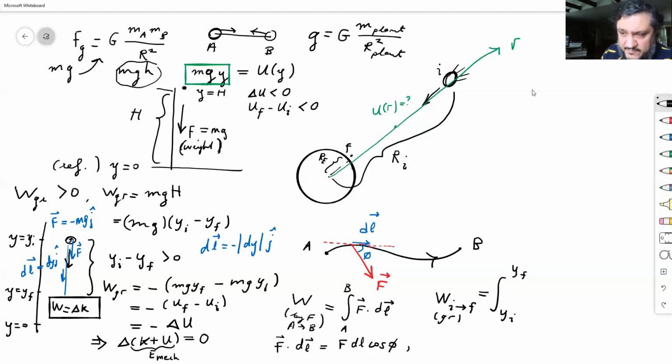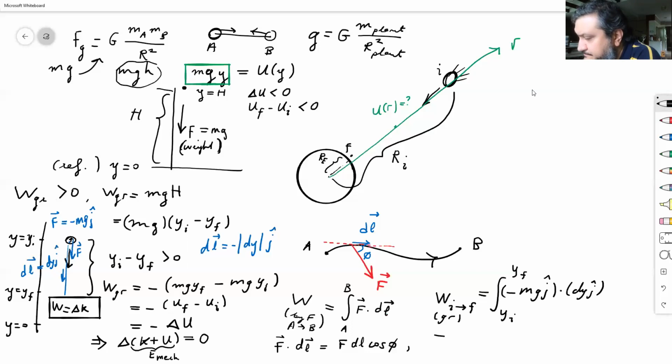Take the dot product of these two, and then you get negative mg j hat dot dy j hat, right?